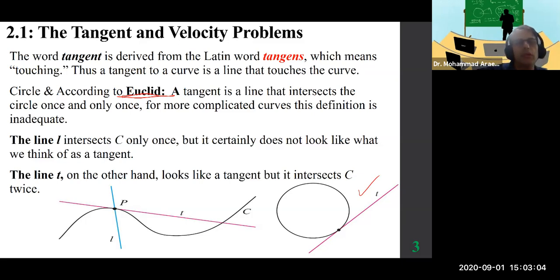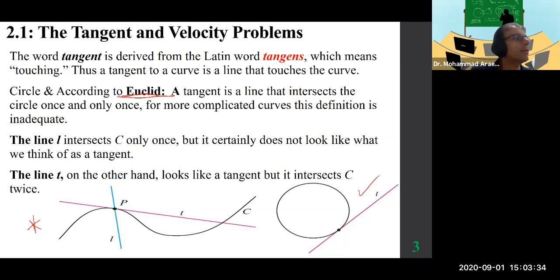But the definition that Euclid gives us doesn't work for this one with the asterisk next to it, okay? So the line T is a tangent line, whereas the line L is not. So we want to distinguish between the two.